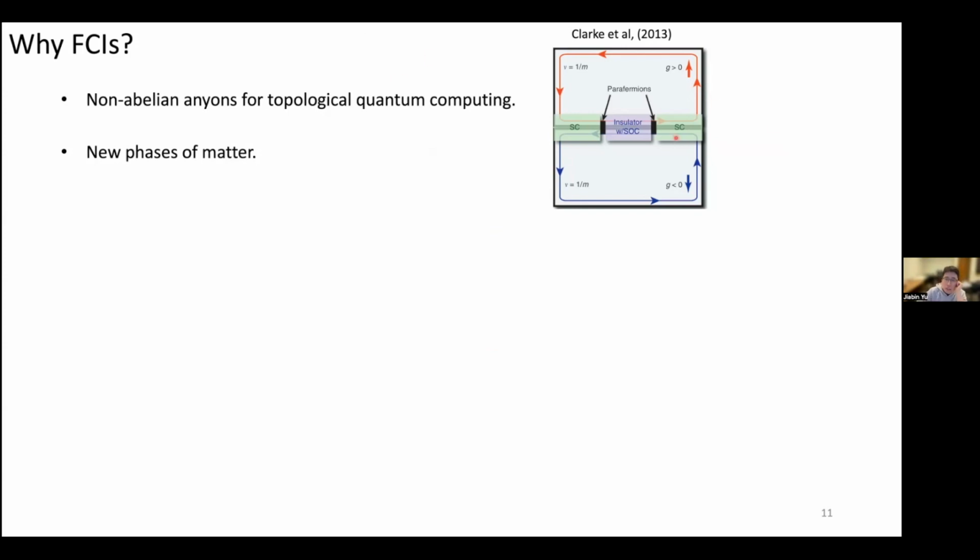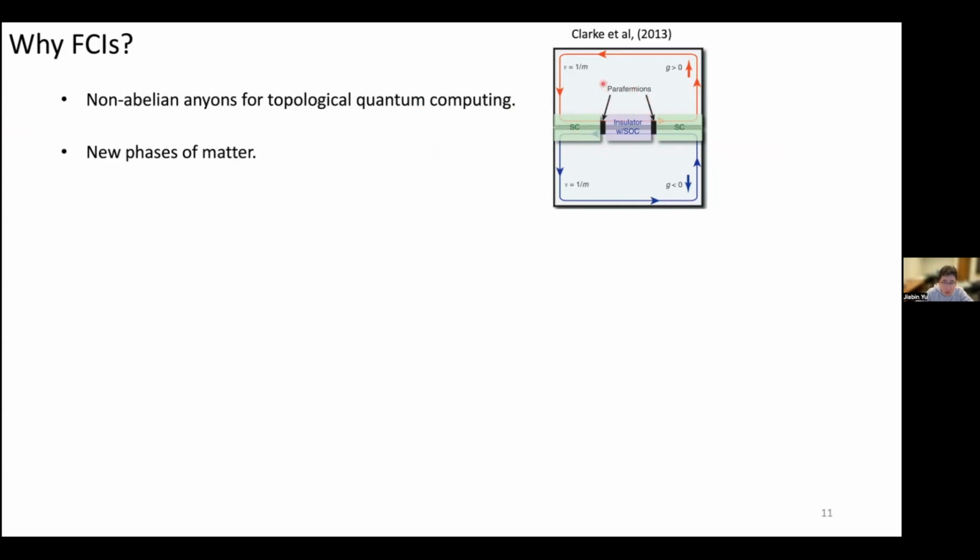So this is one proposed setup for this kind of non-binary anyons called parafermions, which are beyond Majorana zero modes. And it requires two fractional quantum Hall-like states and superconductivity proximity effect.